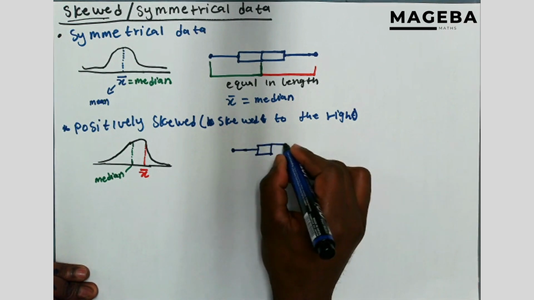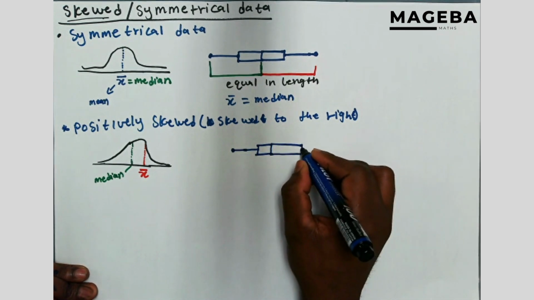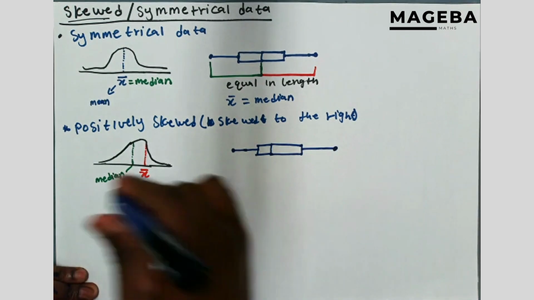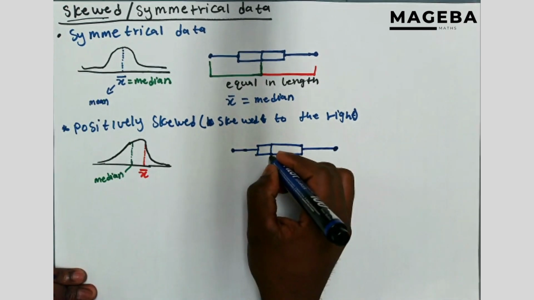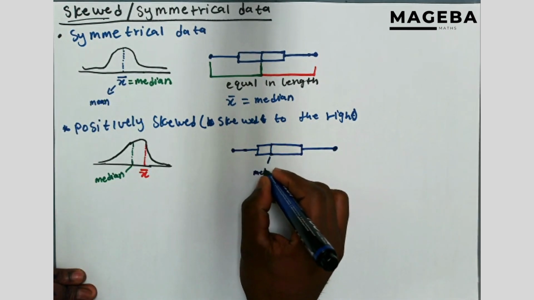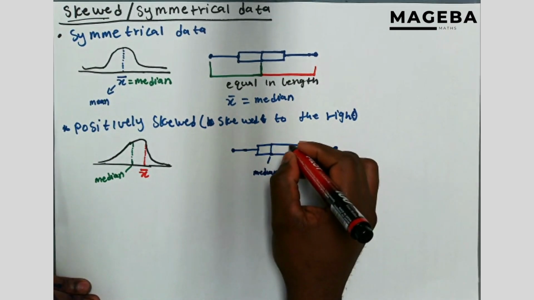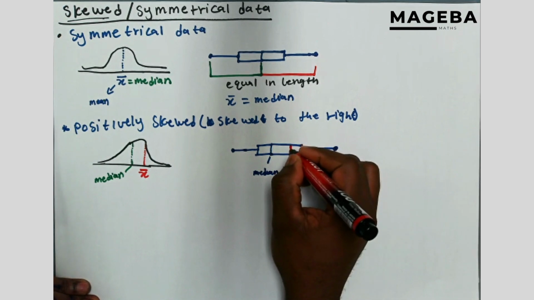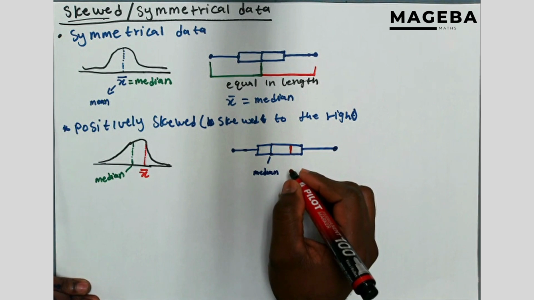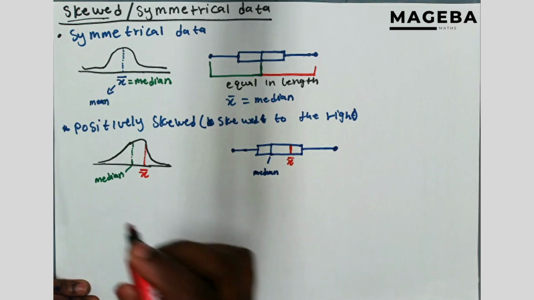This is my box and whisker where my data is positively skewed. So now this here is going to be my median. Right now my mean here is going to be somewhere here, because the median has to separate my data equally. So it's going to be somewhere here, which is my mean.